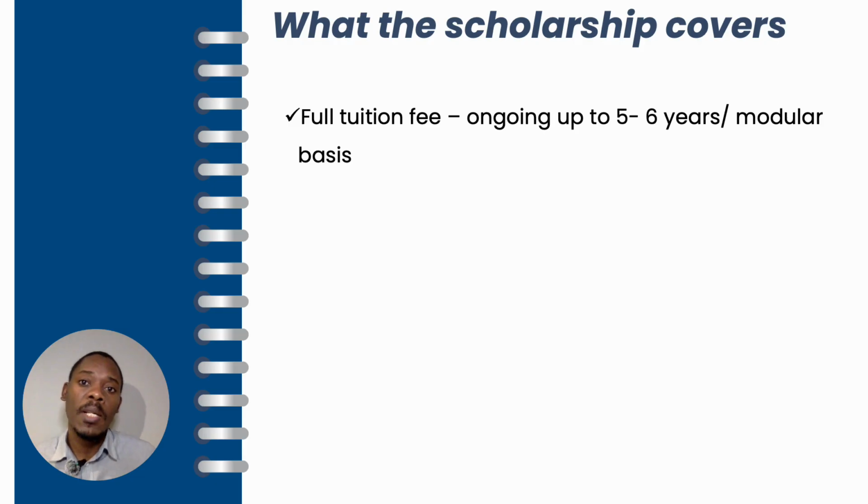However, if you manage to finish within 2 years or whatever period is stipulated for the course you're applying for, then that will be the period the scholarship is going to cover you for.